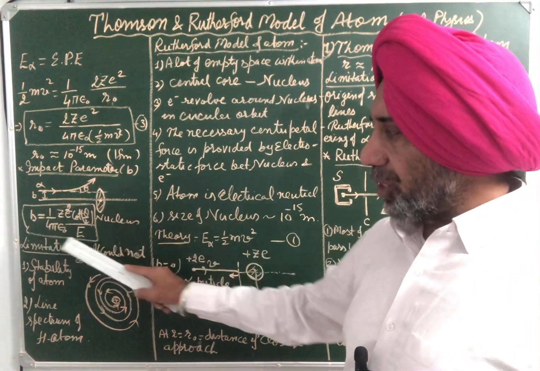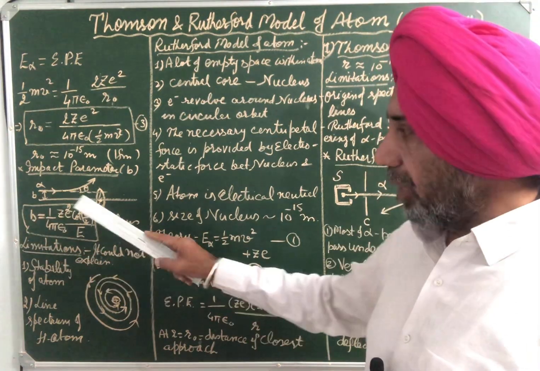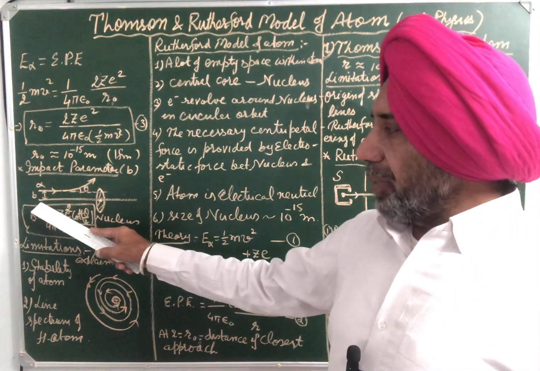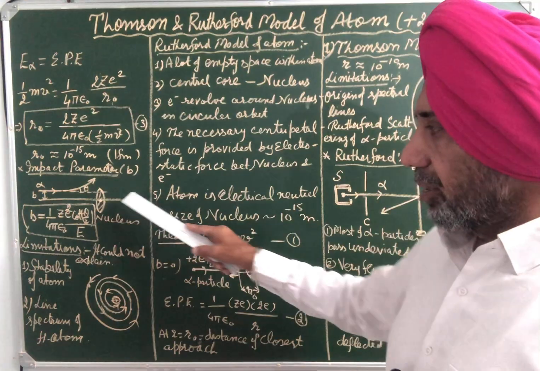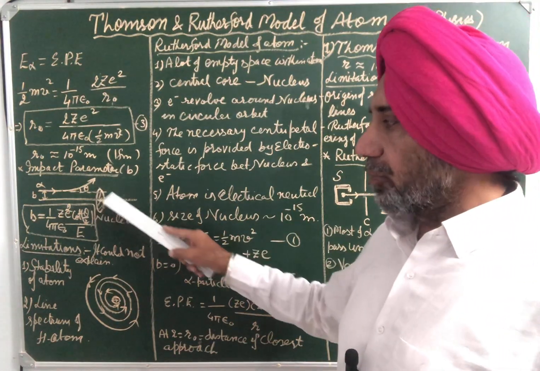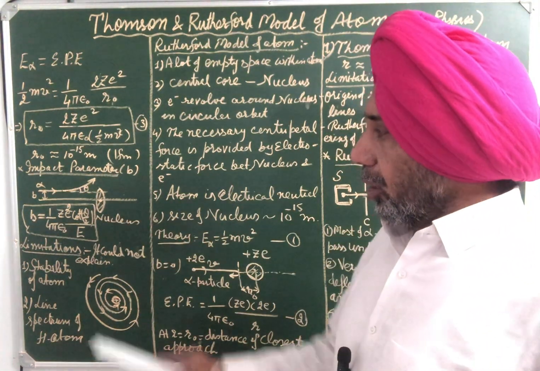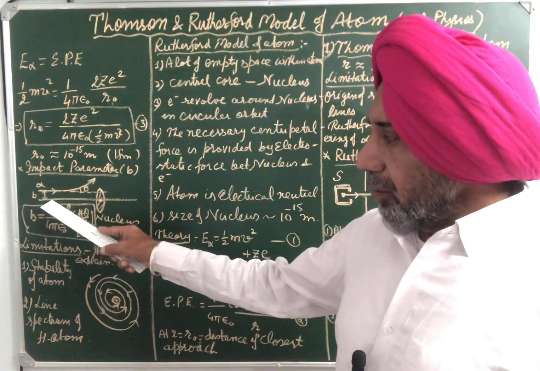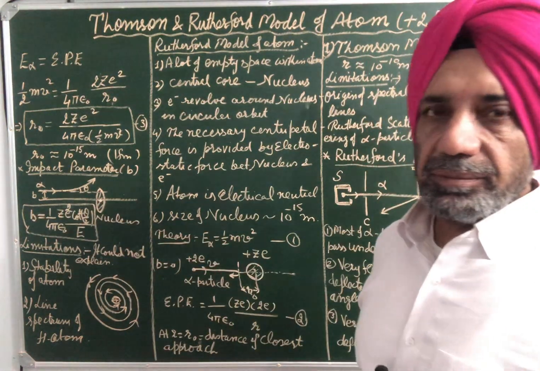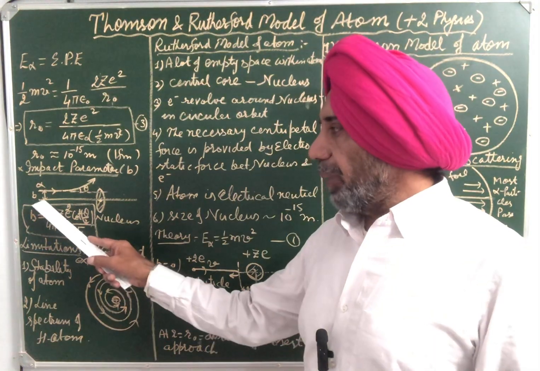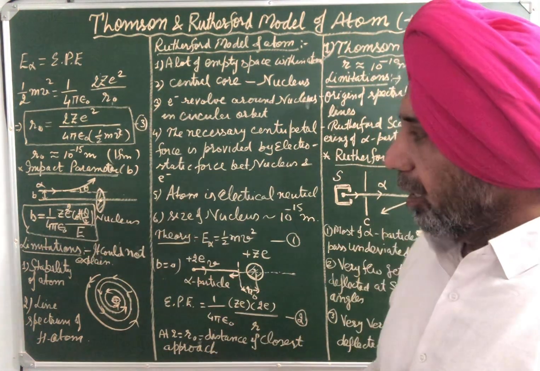Derivation of this expression for impact parameter is not in your syllabus for +2. So impact parameter means, suppose this is the center line passing through the nucleus of the atom. When the alpha particle moves along the center line, the impact parameter will be 0.